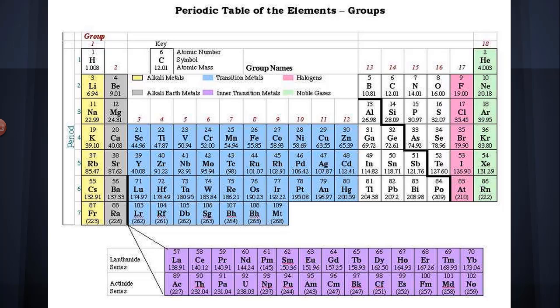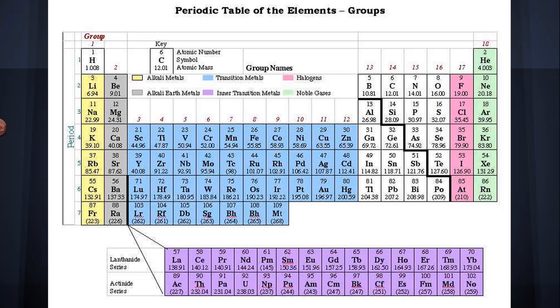There are four groups, four families on the periodic table that I need you to be very aware of. They have special names because they're so commonly found in compounds. You'll notice that the groups on this particular table are numbered from 1 to 18 across the top of each of the groups. That's the modern way of numbering the families.